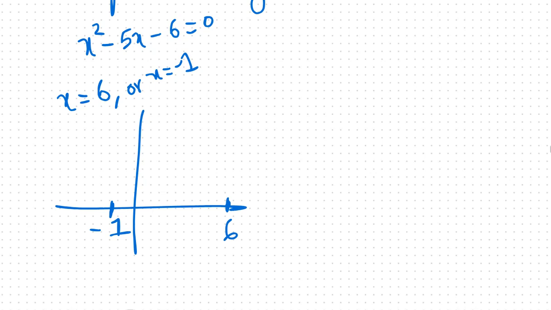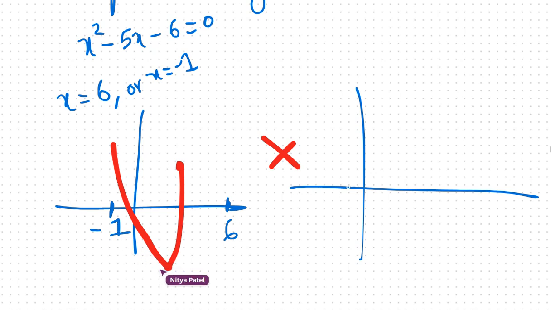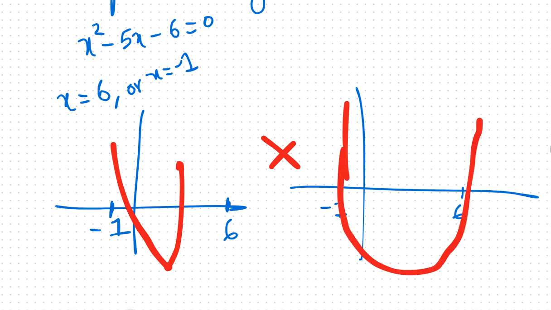When you plot this, just make sure that the vertex might be here. Just make sure that you don't draw like this. This is wrong. How do you need to draw it? Connect the points.